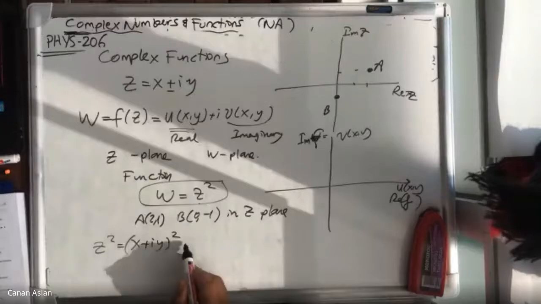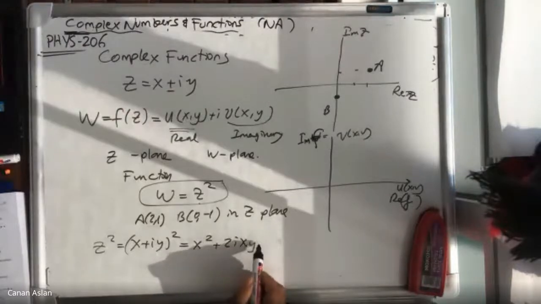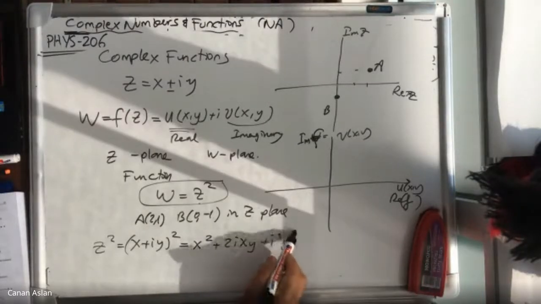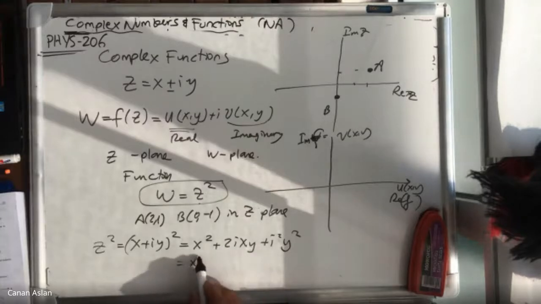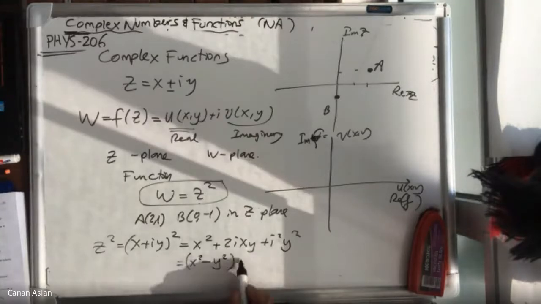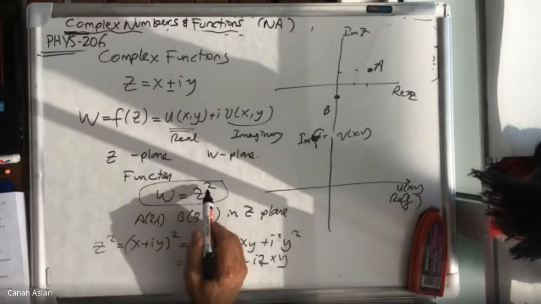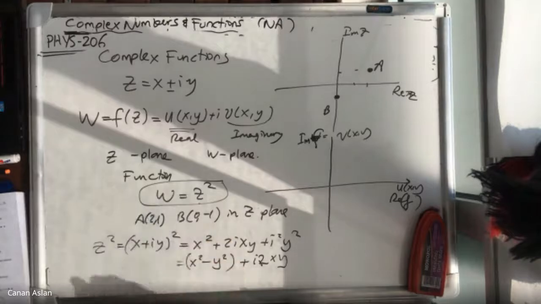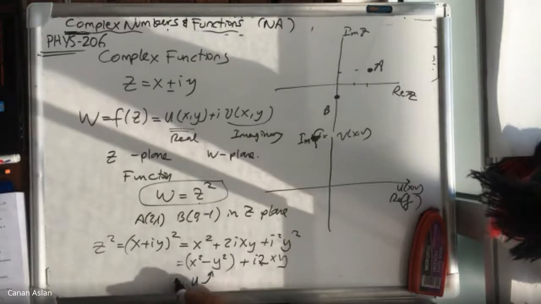The square of this is x squared plus 2ixy plus i squared y squared, but i squared is -1, so we can write this with the real part and imaginary part separately: x squared minus y squared, and then an imaginary part which is i times 2xy. As you see, after taking the square of z, we obtain this real and imaginary part. u is given by this, and v is given by that.